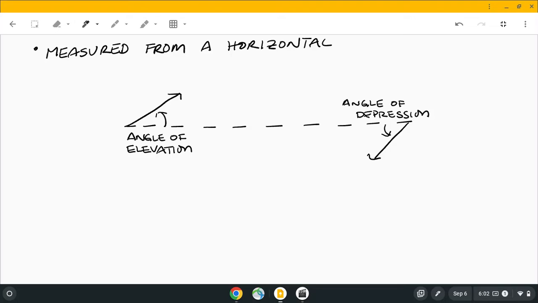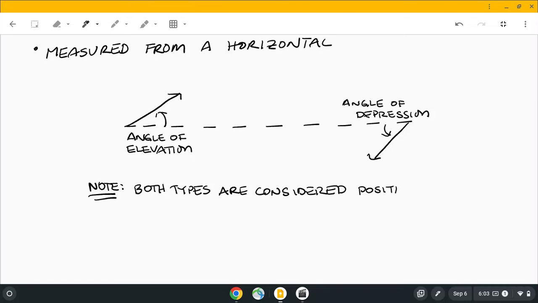Okay. All right. So let's just put that here. So note both types are considered positive angles. Okay, so no need for any negative signs.